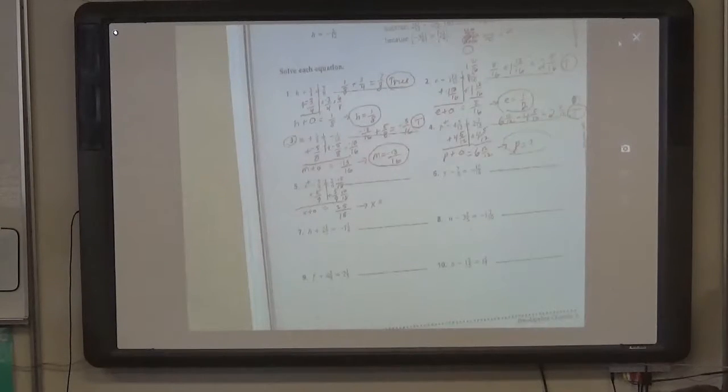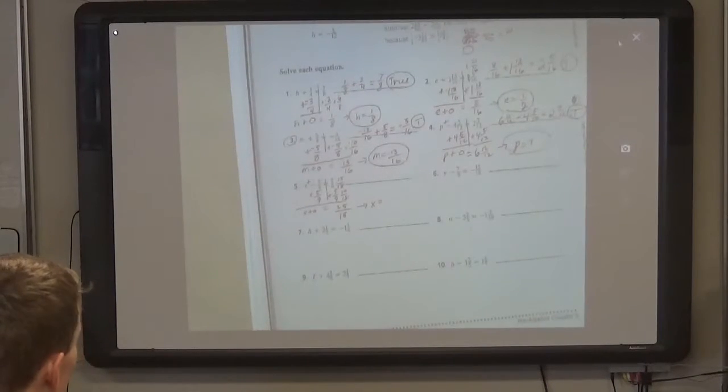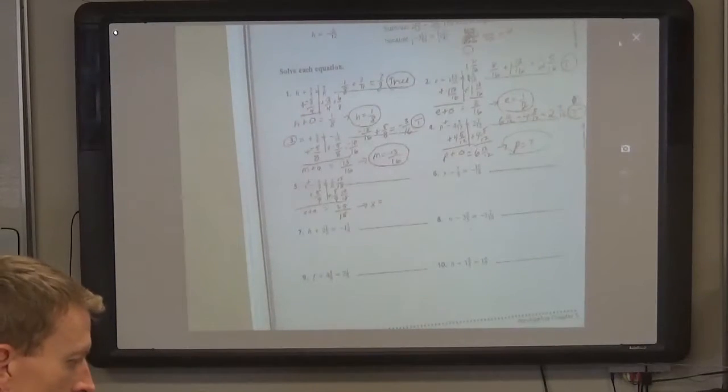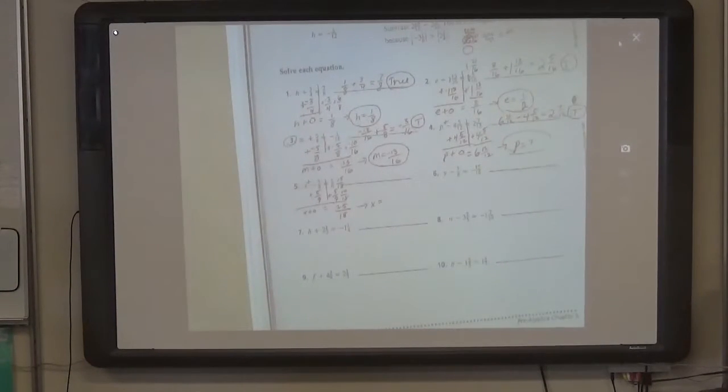Simplify 25/18ths. Oh, you're adding. The opposite of negative is positive, so you're adding positive.